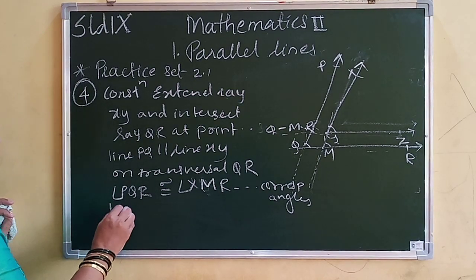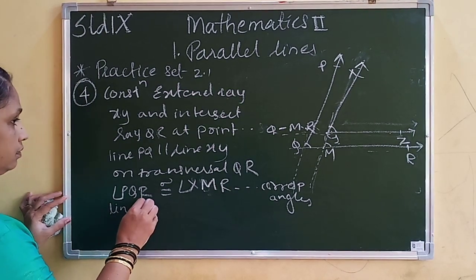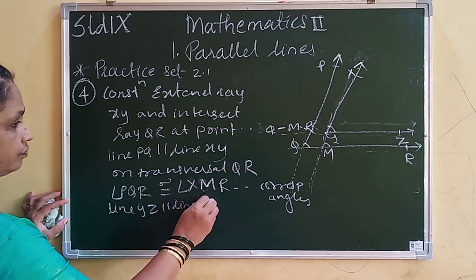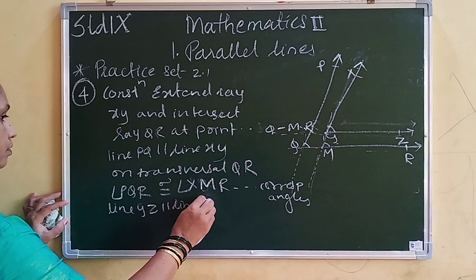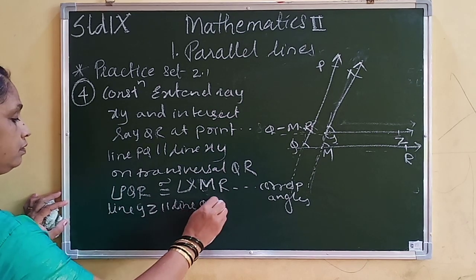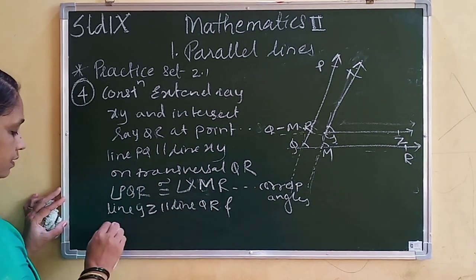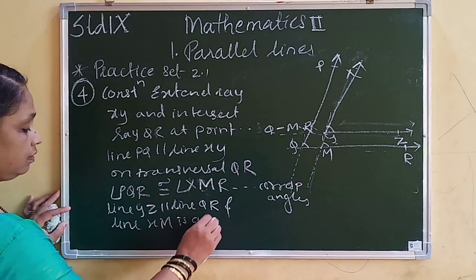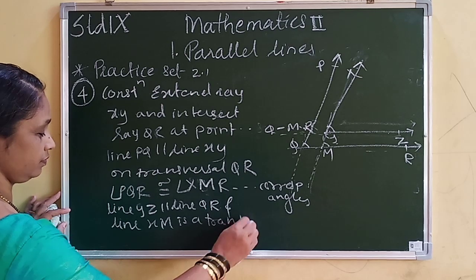So line YZ is parallel to line QR and line XM is a transversal.